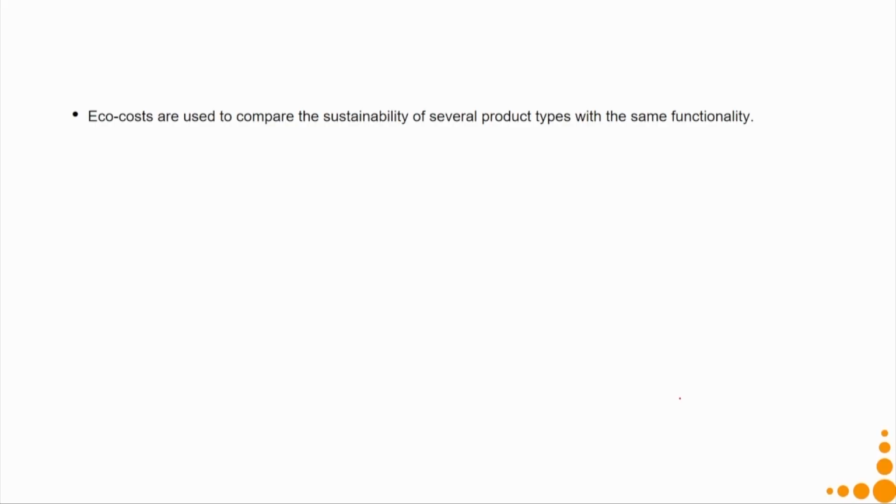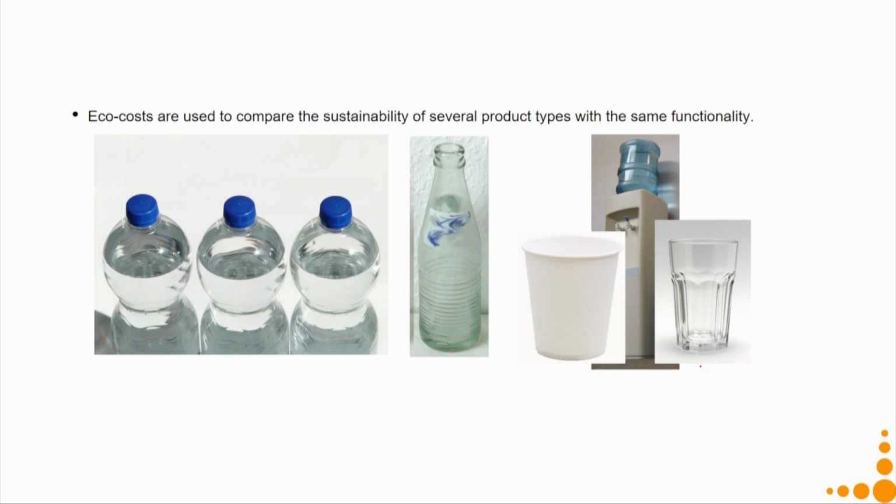So eco costs are used to compare the sustainability of several product types with the same functionality. Say for example, products A, B and C. So say in this case we have products A, B, C and D. All these products will cause some amount of carbon dioxide emission, some amount of acidification, eutrophication and so on, all the emissions that we listed out in the eco cost.